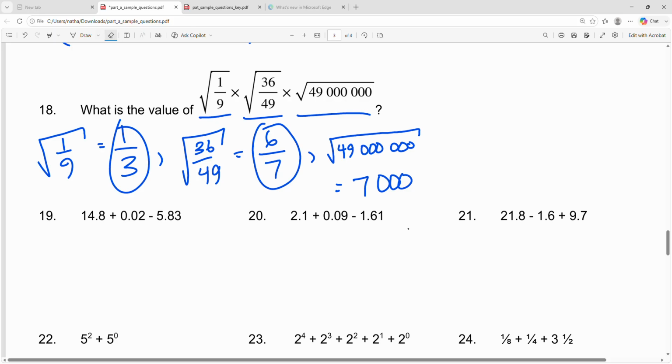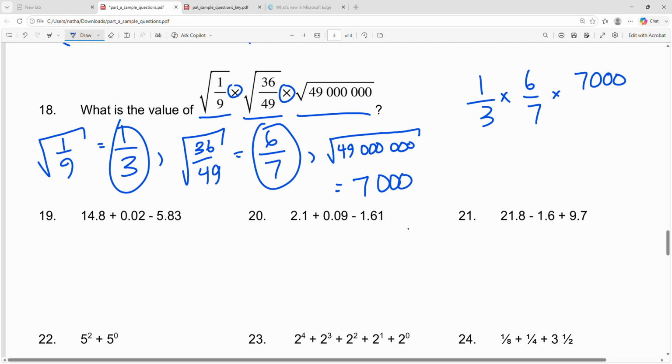So we've got 1/3 times, this gave us 6/7 times 7,000. All right, so everything on the top is multiplied together, everything on the bottom is multiplied together. Instead of multiplying, it's getting huge numbers.